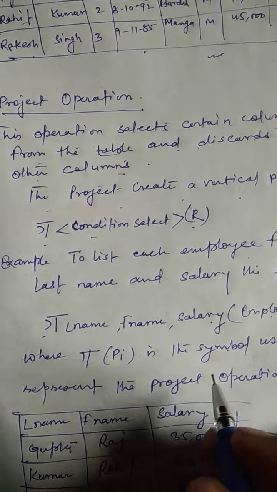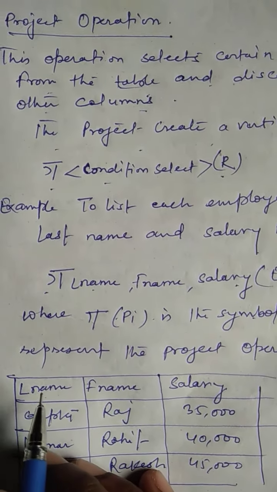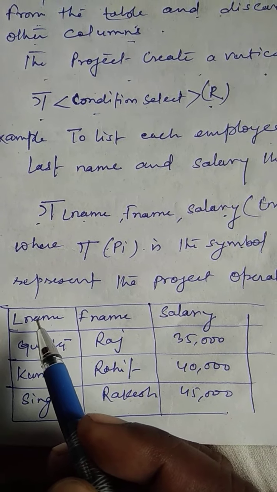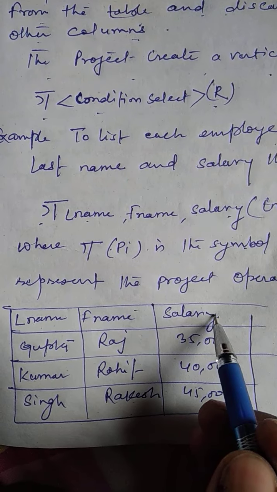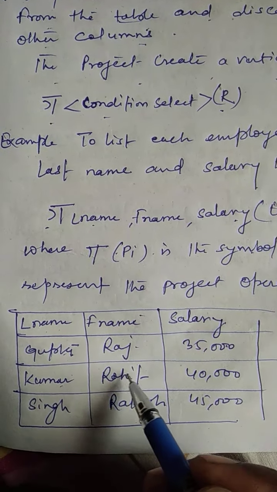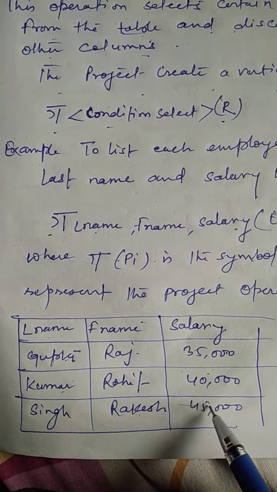And after that, you can see the result: last name, first name, salary. Gupta Raj 35,000, Kumar Rohit 40,000, Singh Rakesh 45,000.